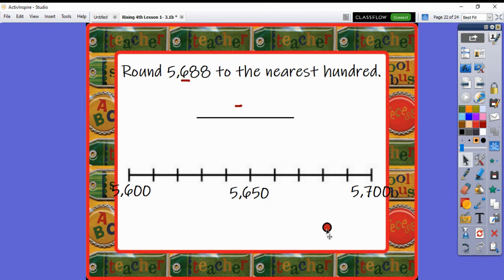And 5,688, let me see, 5,660, 670, 680, 690, not quite that far, right here. 5,688 would fall there. So it is closest to 5,700.